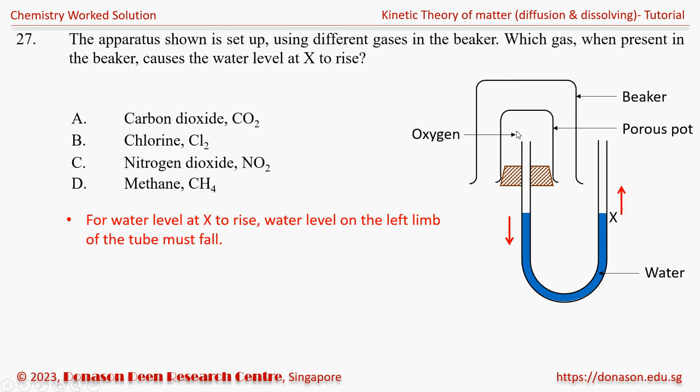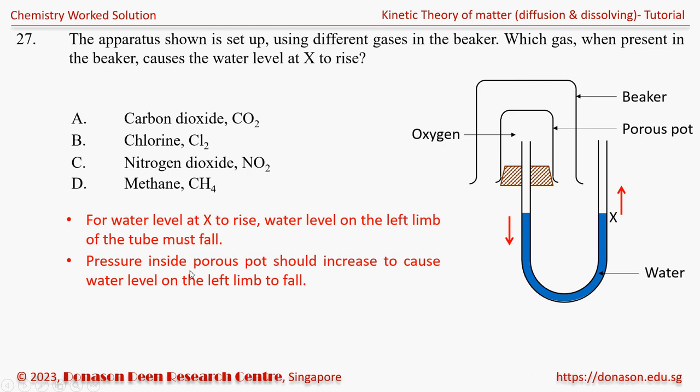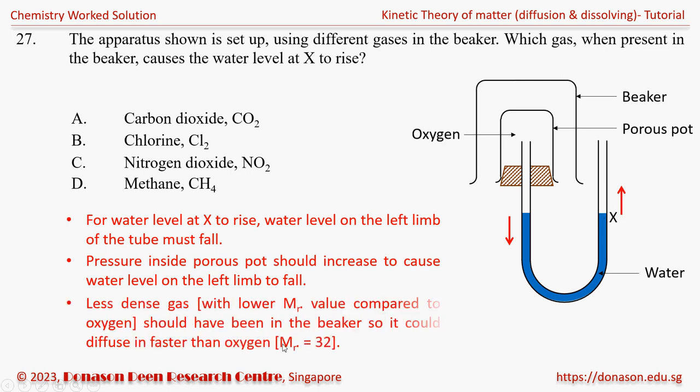For that to happen, there must be more gas diffusing into the porous pot in comparison to oxygen gas diffusing out of the porous pot. So what would cause that to happen? Pressure inside the porous pot should increase to cause the water level on the left limb to fall. Otherwise the right limb won't go up if the left limb doesn't fall.